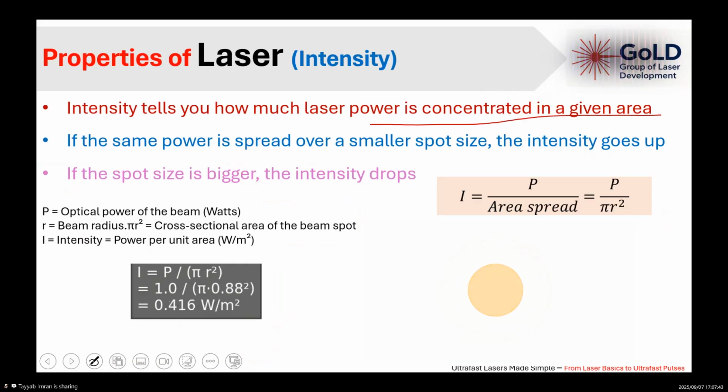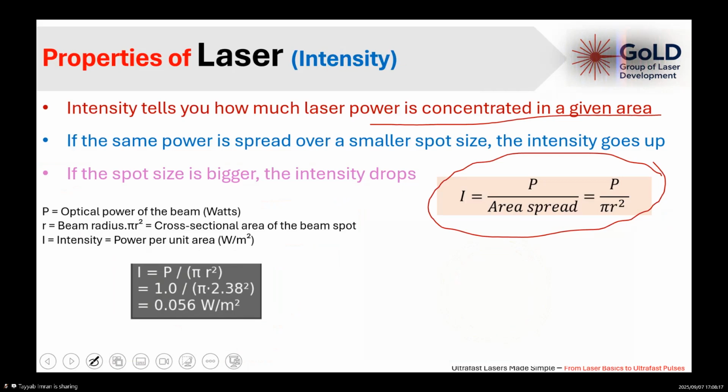If the beam is very intense, like pinpoint focusing, not occupying much area, then it is more intense. But if it is occupying more area, it will be less intense. Here is the formula to find the intensity: P over area spread.